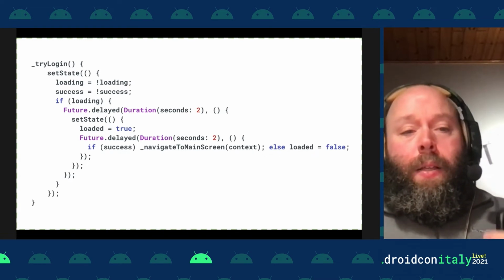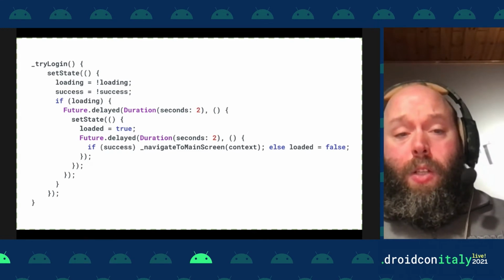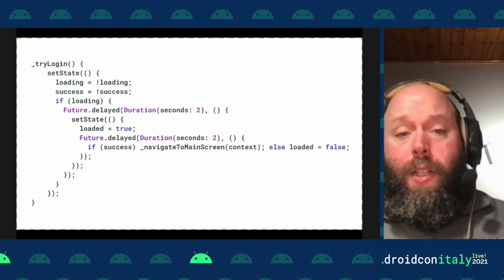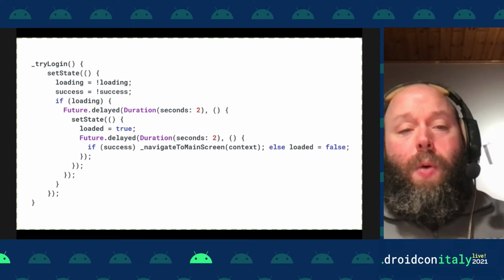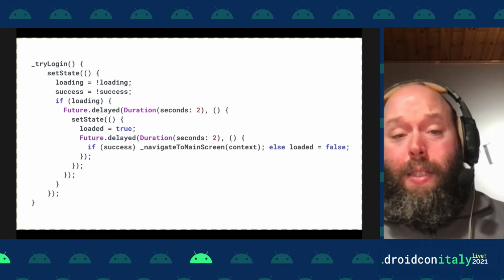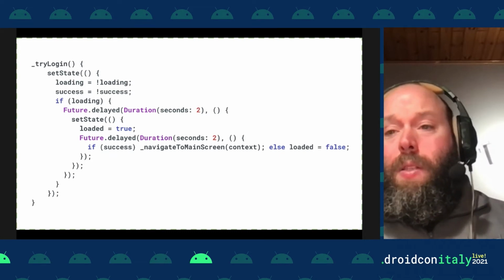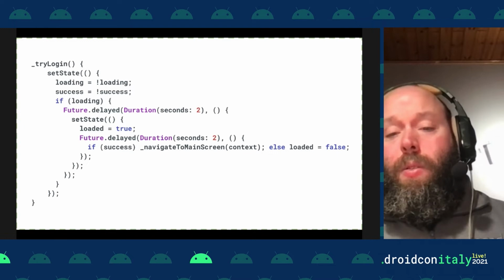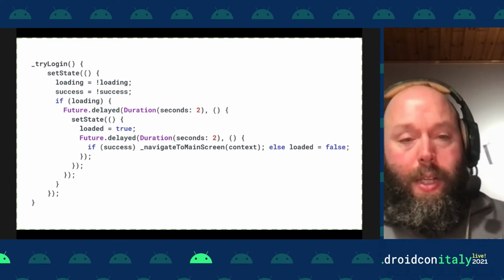Then if it's still loading, we launch a future delay, which is basically the way of Flutter to say, just wait for some time. And after 2 seconds, we will give the user the loaded completed status. And then if we decided that this was the success call, we navigate to the main screen. Otherwise, we will revert the loaded state.